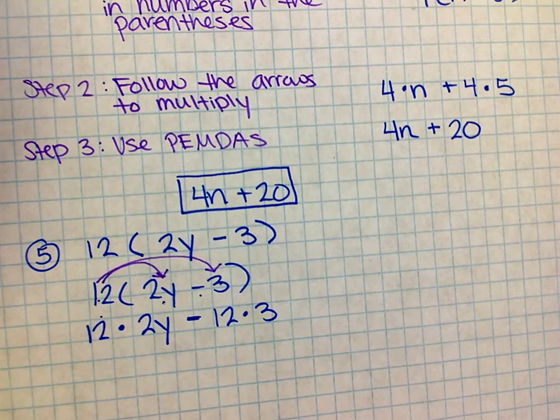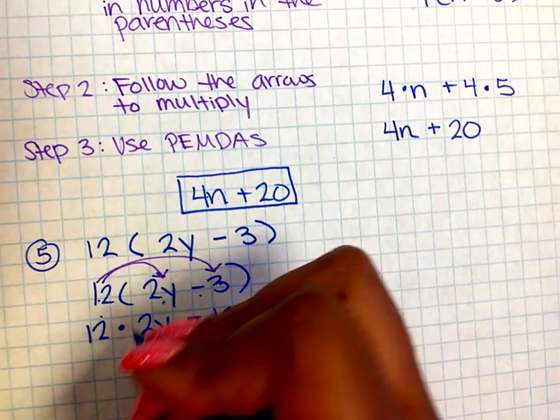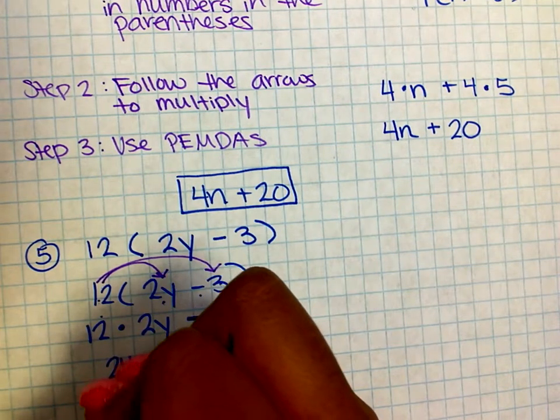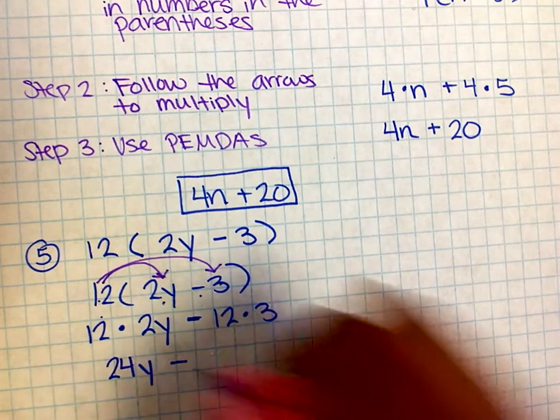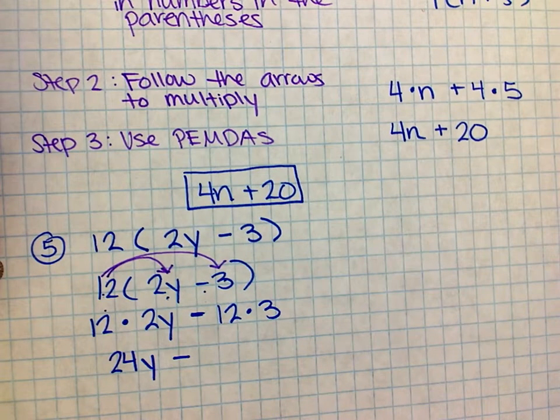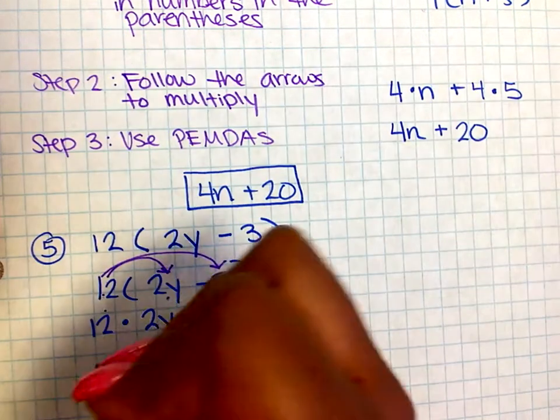So you're bringing that number on the inside. That's why I use the arrows. It tells you where to go. So 12 times 2y, 12 times 2 is 24. So 24y minus 36. That's your answer.